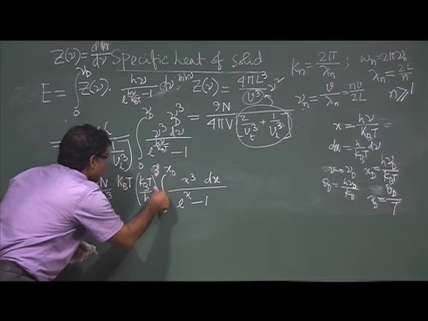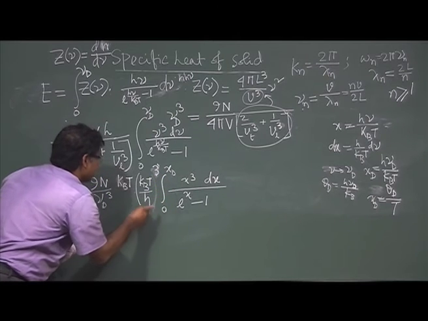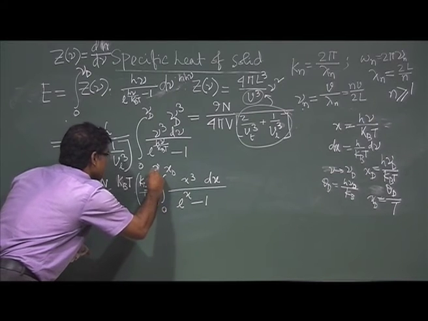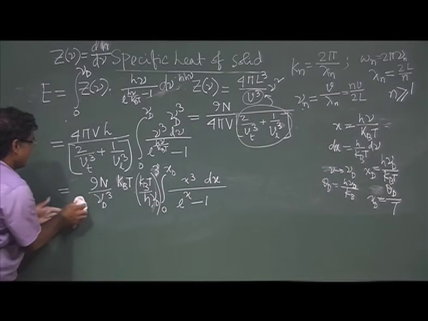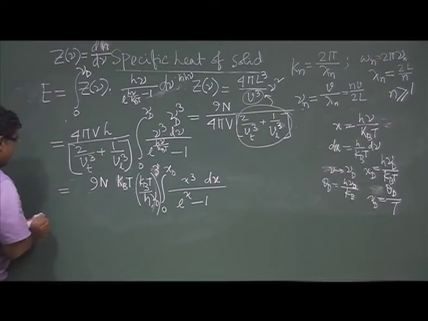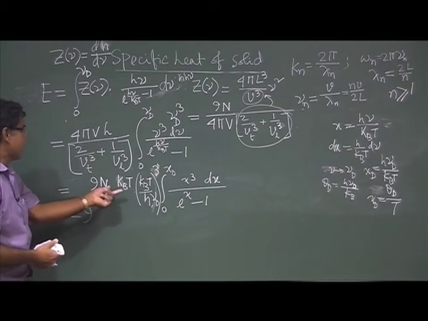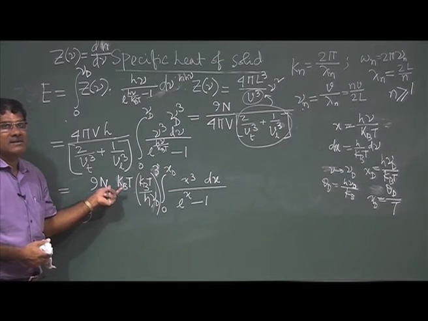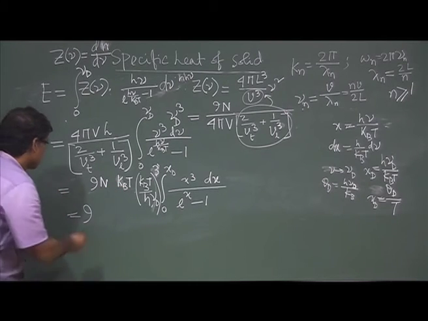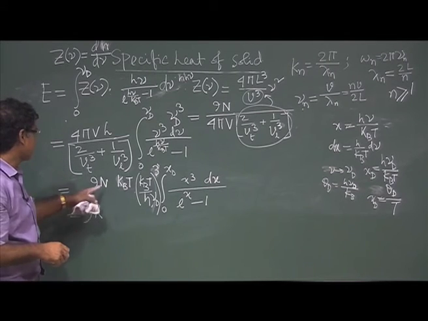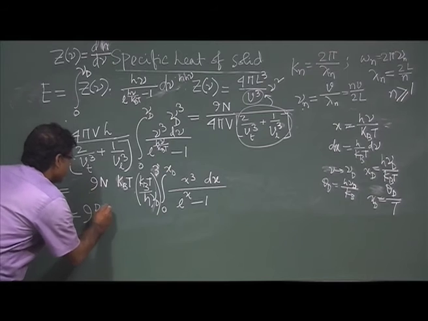So, this nu d cube I can put inside, okay. So, this is basically 9. So, n kb, if it is for 1 gram mole, I can write 9r into t.